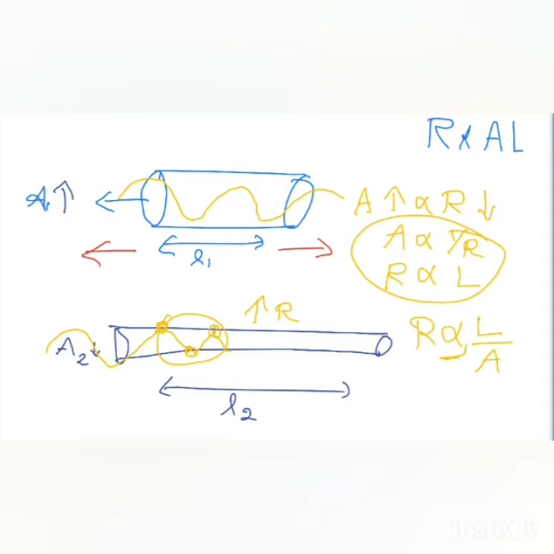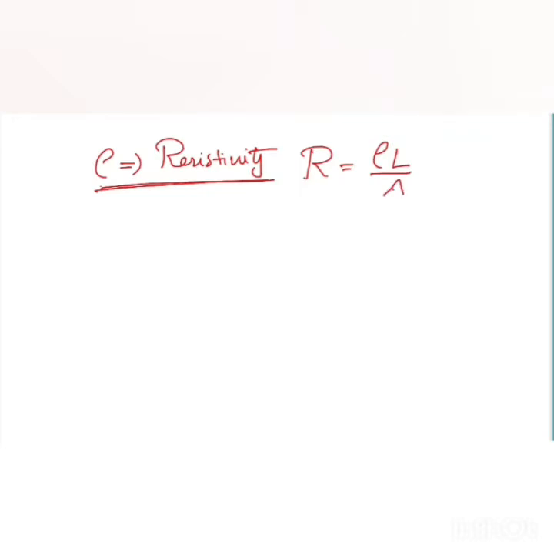We replace the proportionality using a constant, so the new equation becomes R equals rho into L divided by A, where rho is the resistivity. Hope you have understood this formula: R is rho L by A.